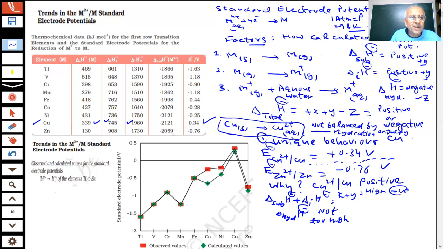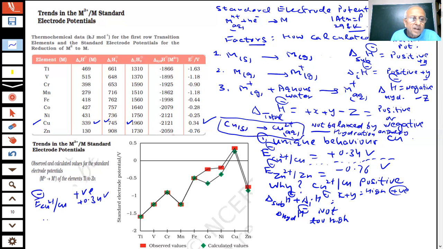You are saying that E naught for copper 2 plus to copper is plus 0.34 volt. That means this value is positive. What does it mean? That means this state is less stable.